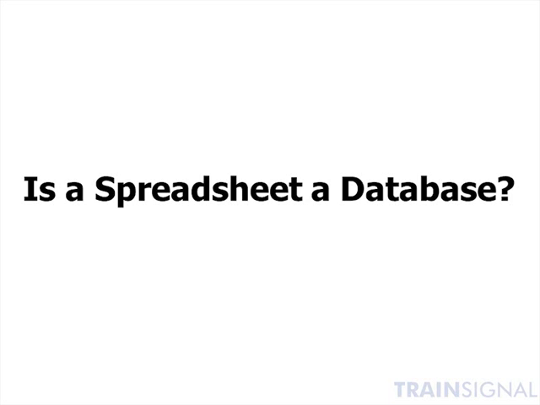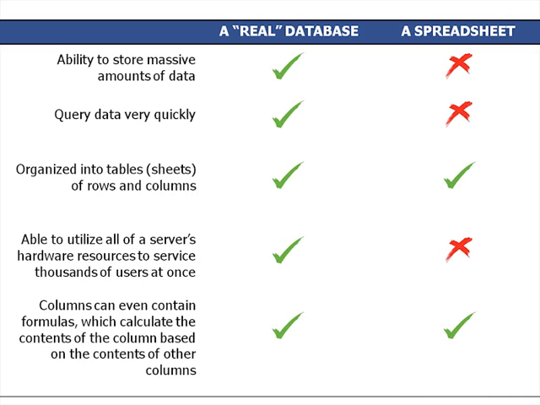So is a spreadsheet, such as a file that you might work on in Microsoft Excel, a database? Well, sort of it is. It's definitely a flat file type of database. A real database is able to store massive amounts of data, hundreds, millions, possibly even billions of different rows, to use a spreadsheet term.